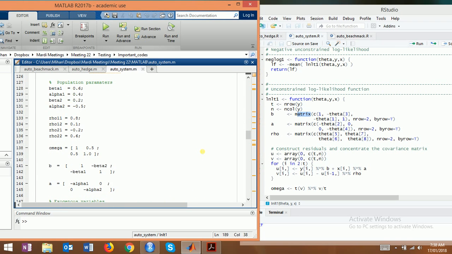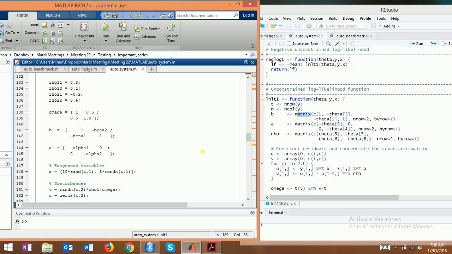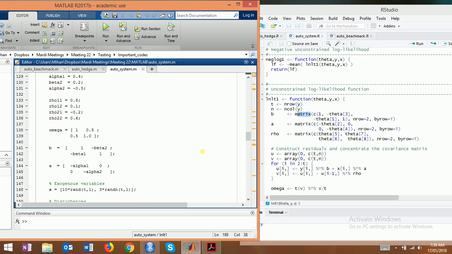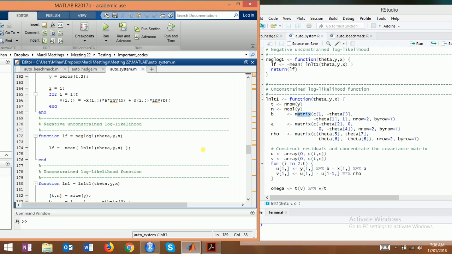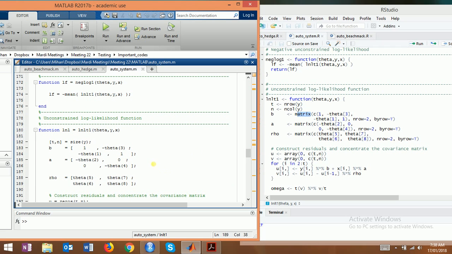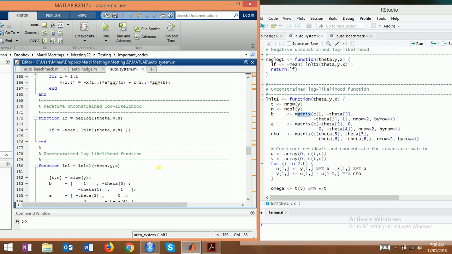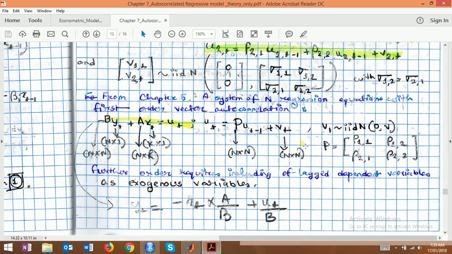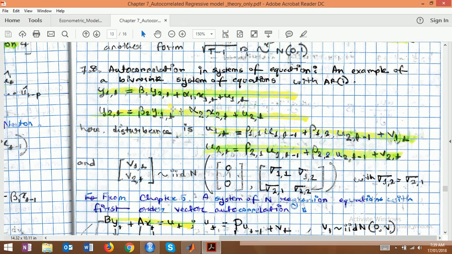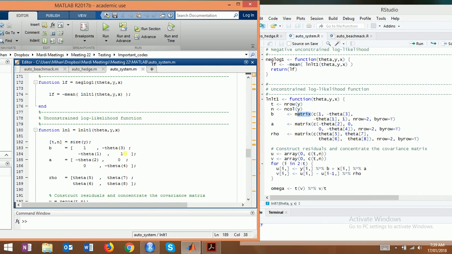What are theta 1 to 3? Basically, in theta we have beta 1, alpha 1, beta 2, alpha 2. So theta 3 is beta 2, theta 1 is beta 1, exactly: minus theta 3, minus theta 1, 1.